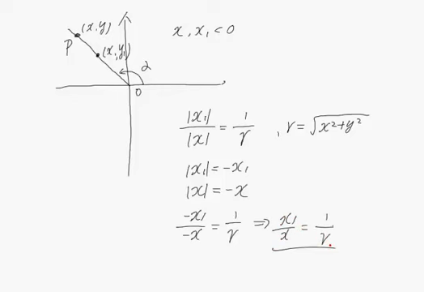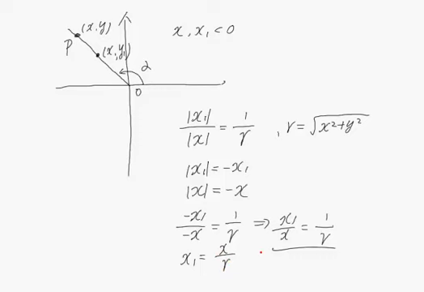And this equality holds for any quadrant, not only for quadrant 2. So this argument can apply to the other quadrants, and you always have this relationship. Then from here, you know x1, which is the x coordinate of the point of intersection with the unit circle, equals x over r.